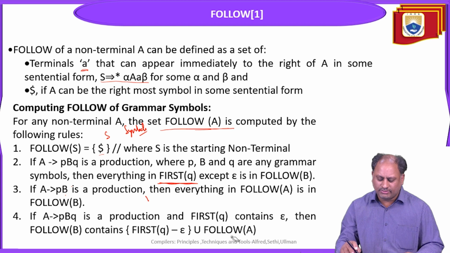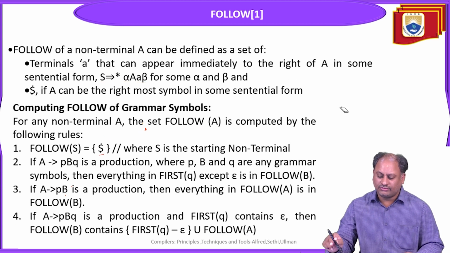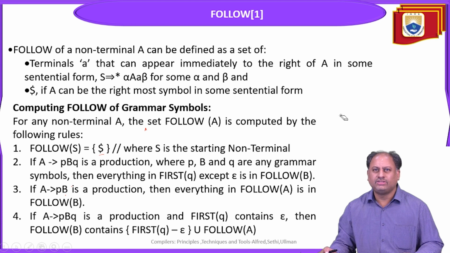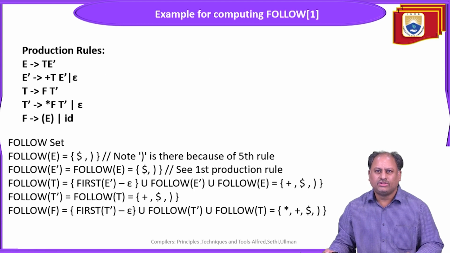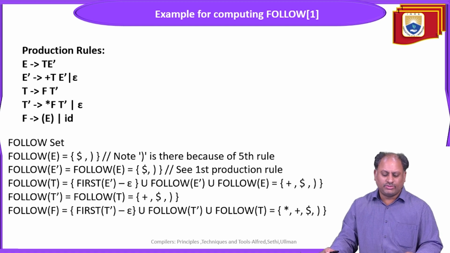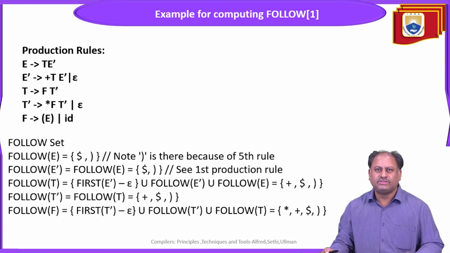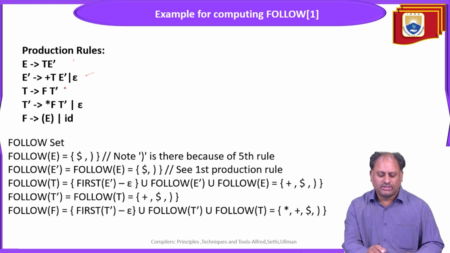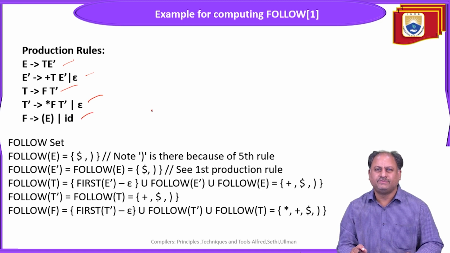All these rules can be verified with an example. Previously we verified the first computation, and now we verify the follow computation with an example. In this example, E derives T E dash, E dash derives plus T E dash or epsilon, T derives F T dash, T dash derives star F T dash, and F derives parenthesis E or id.